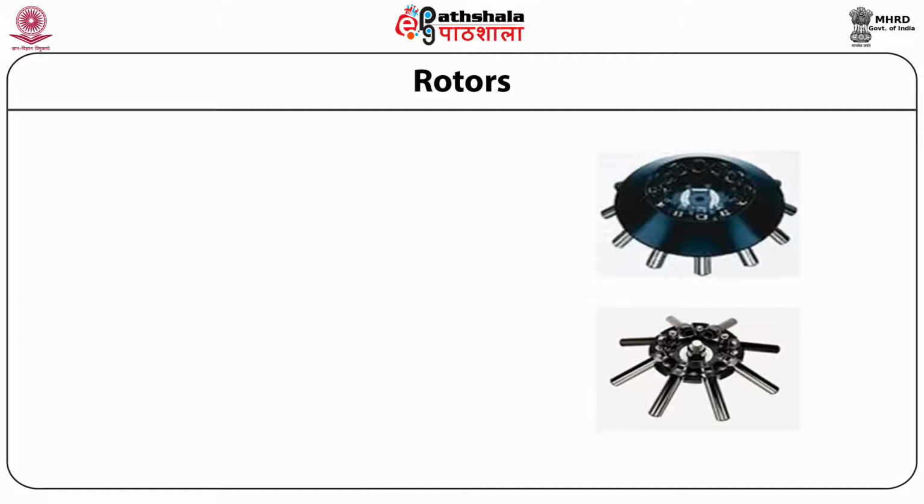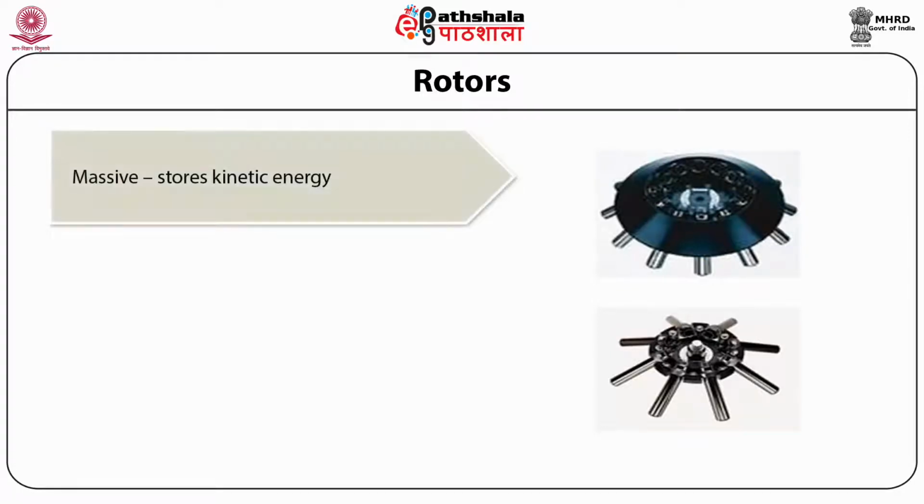Rotors are the first and most important component of the ultracentrifuge, and this rotor is typically different from the rotors of the common centrifuge. It is very massive and stores kinetic energy.